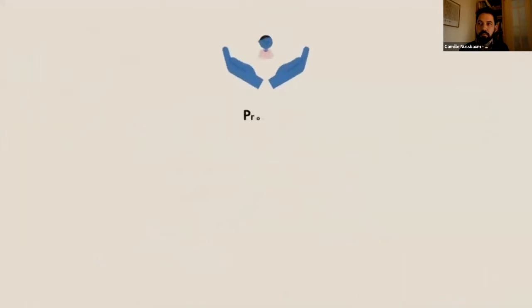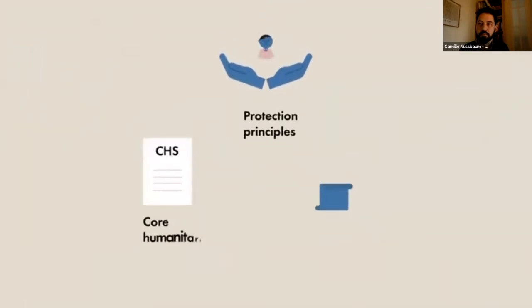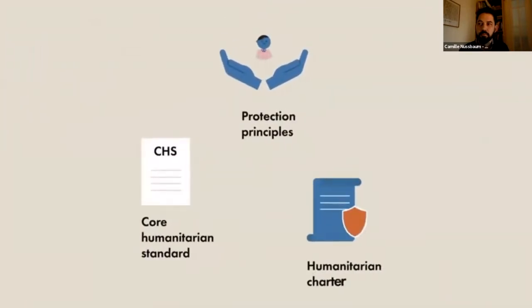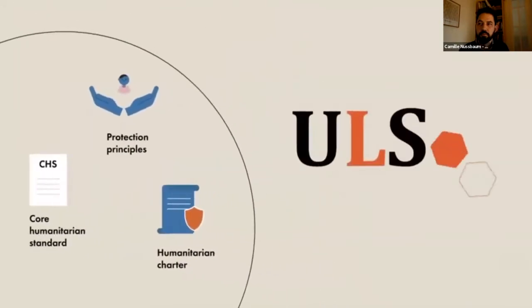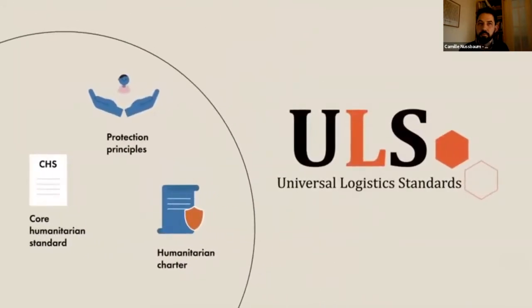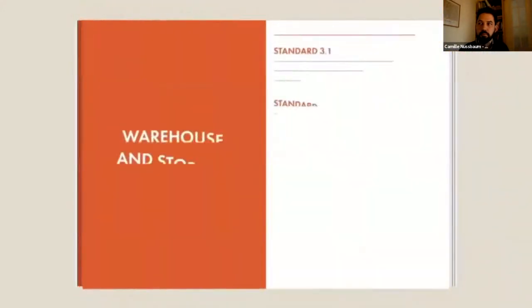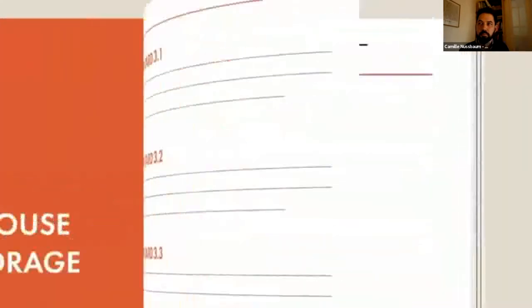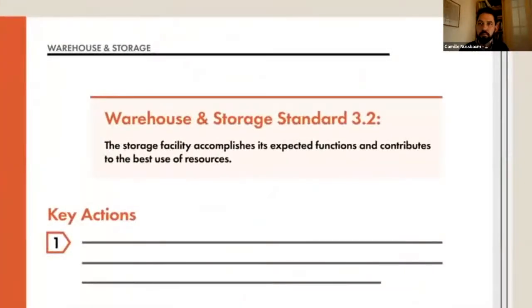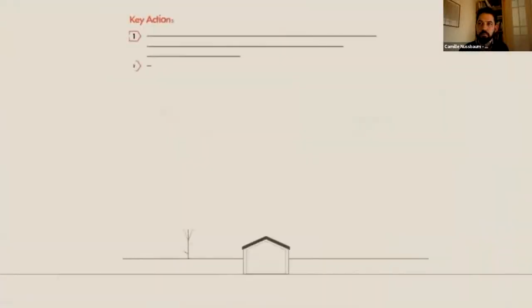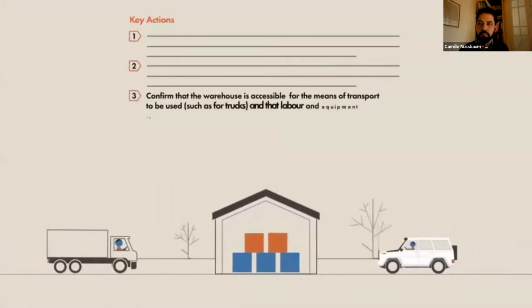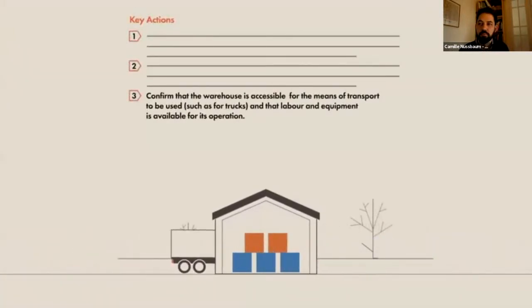The handbook's content and layout are designed to complement existing universal humanitarian standards, such as the foundational chapters of the Sphere Handbook. Each chapter is structured under minimum standards, which are general and qualitative in nature and state the minimum to be achieved in any crisis. Each standard provides key actions, outlining practical steps towards achieving them.